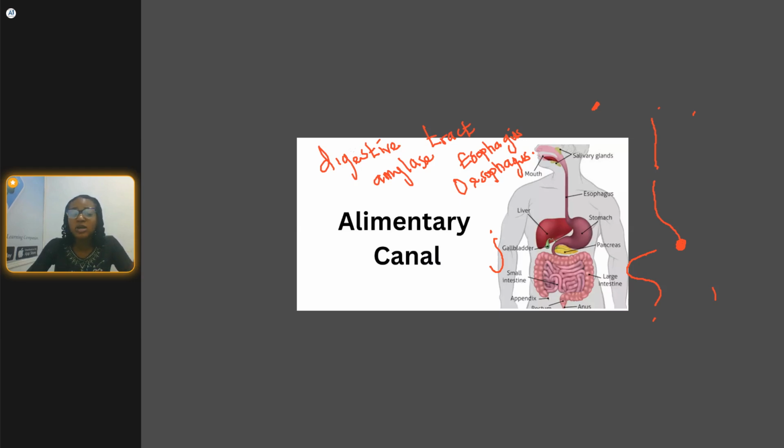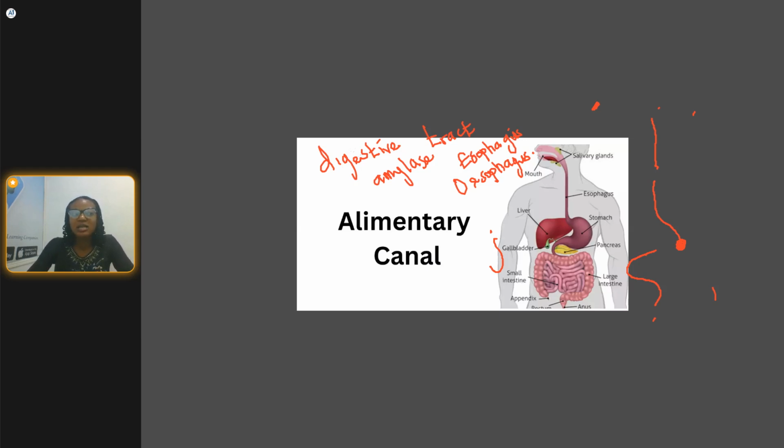Okay, so don't forget that if the small intestine absorbs the nutrients in that food, definitely there are some things that are not needed in that food. That is why we say the small intestine absorbs the nutrients. So the ones that are not needed in your body, the ones that are not useful to your body system, they come to the large intestine.